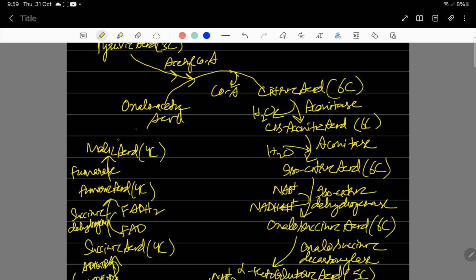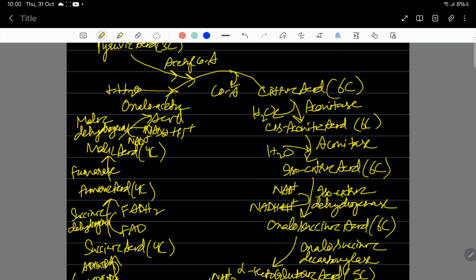Then in this malic acid, NAD positive is converted to NADH plus H positive in presence of enzyme malic dehydrogenase and forms the oxaloacetic acid. And again, on reaction with acetyl coenzyme A, it forms the citric acid. This is the Krebs cycle.